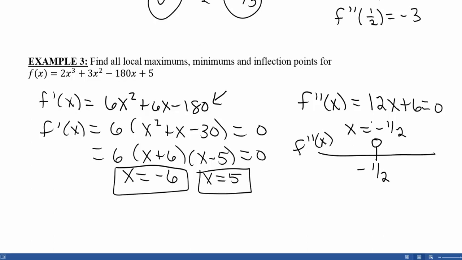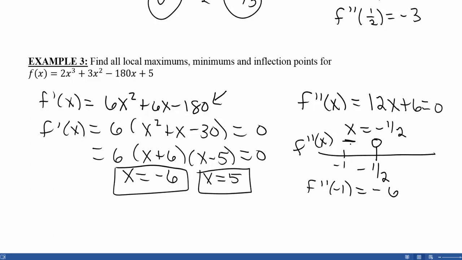So again, I want to test something to the left, and something to the right. If I plug in something to the left, I can test negative 1. If I plug negative 1 into the second derivative, 12 times negative 1 plus 6 gives me negative 6. So to the left of negative 1/2, my second derivative is negative.